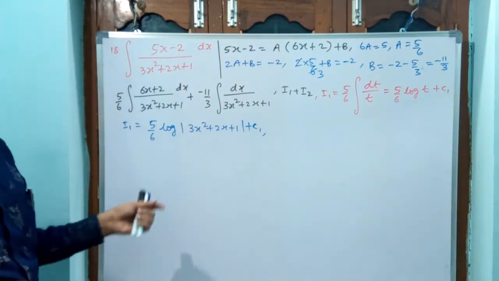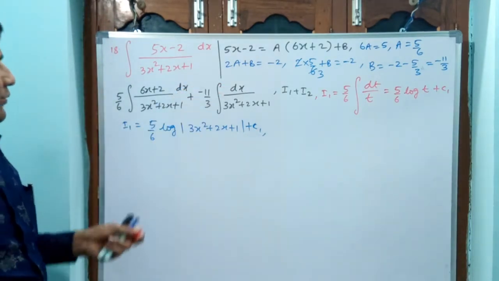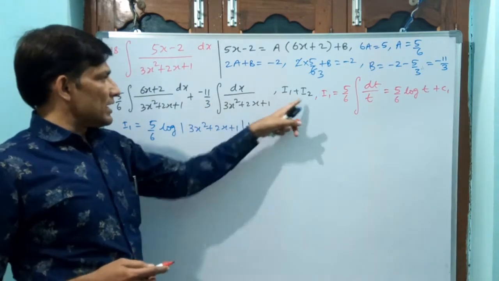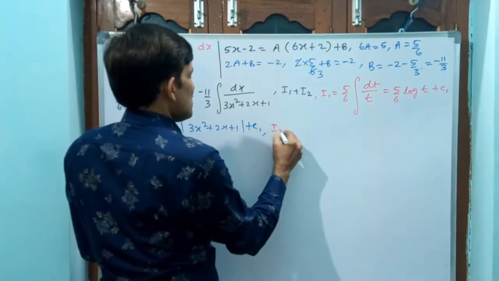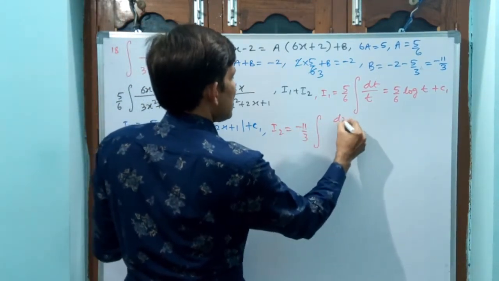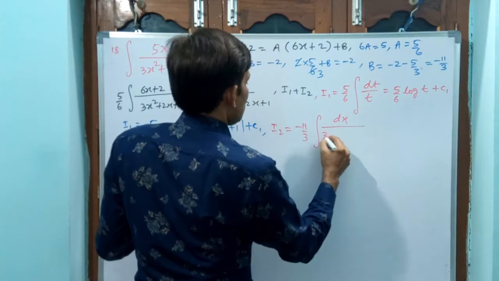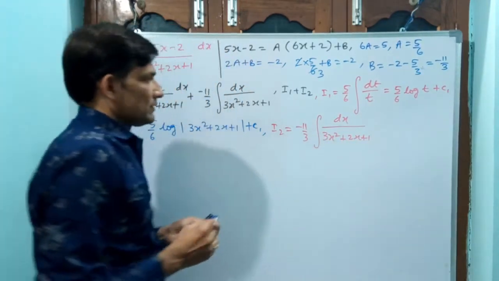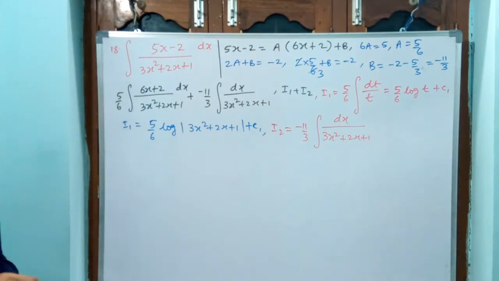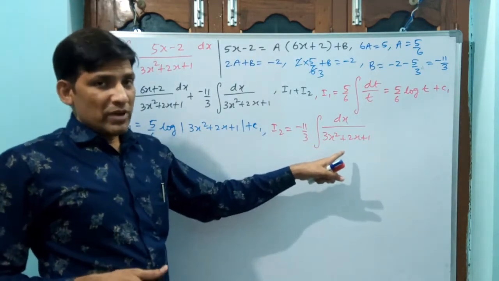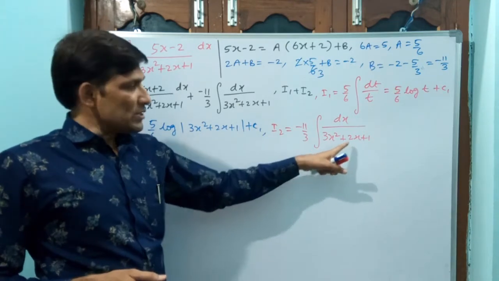Okay, I1 has come. Now let us go for I2. I2 you have to take minus, because a plus I have written already. Write down: I2 is equal to minus 11 by 3 integral dx by (3x square plus 2x plus 1). Now wait and see carefully. Here the a plus b whole square formula is there, a square plus 2ab.